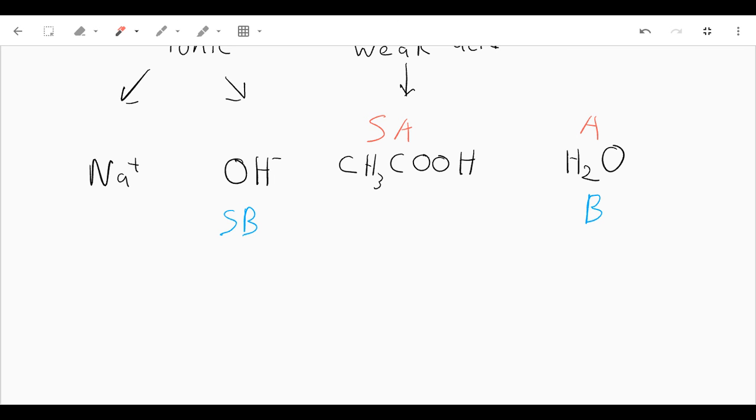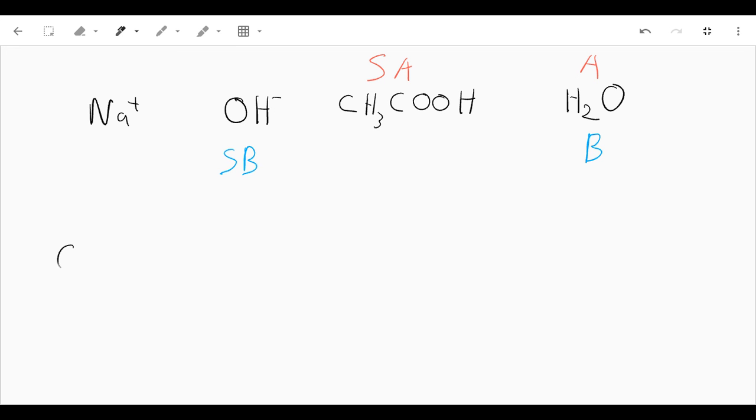That means that this reaction will be taking place between the hydroxide ion and the acetic acid. We do have that 1:1:1:1 ratio, so we don't need to worry about balancing it. It will be balanced already.